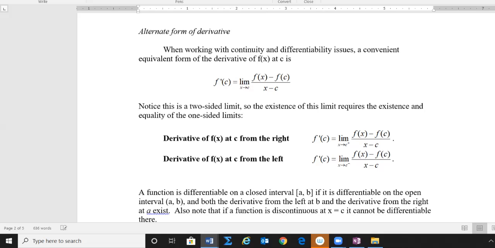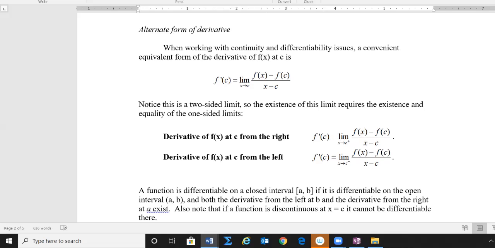Okay, now here's another form of the derivative. I'm just going to go into this a little bit. When you're working with continuity and differentiability issues, a convenient form that you could use to calculate derivatives is this one.